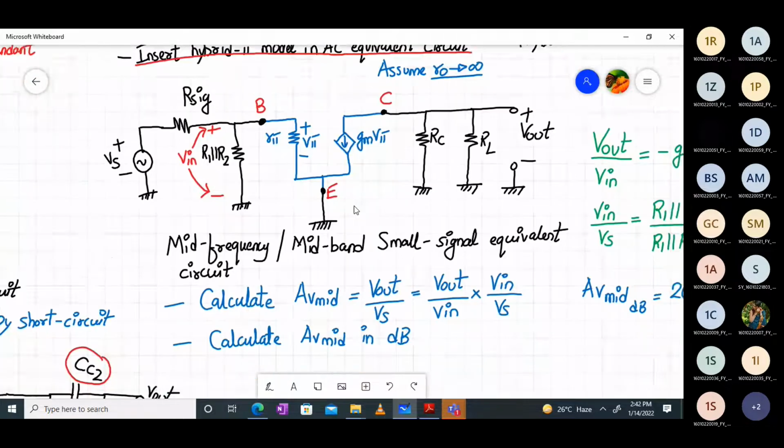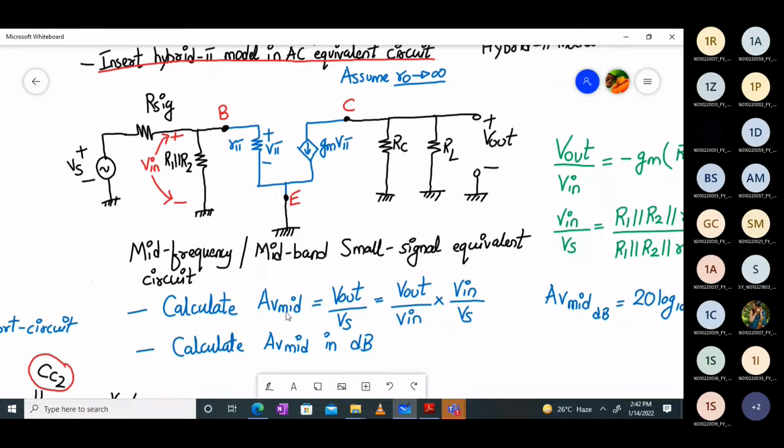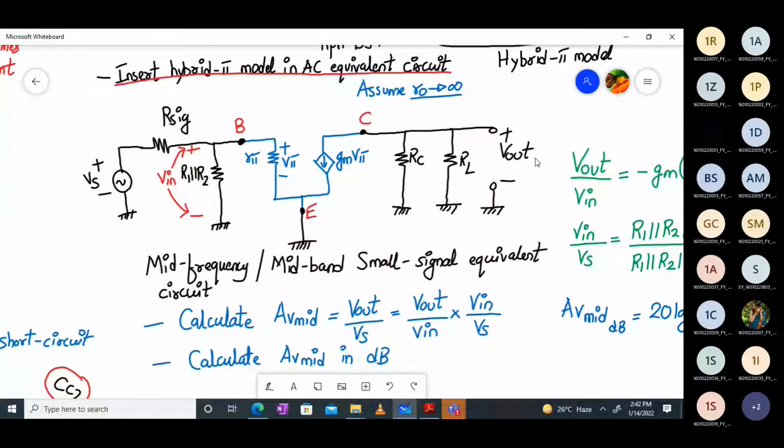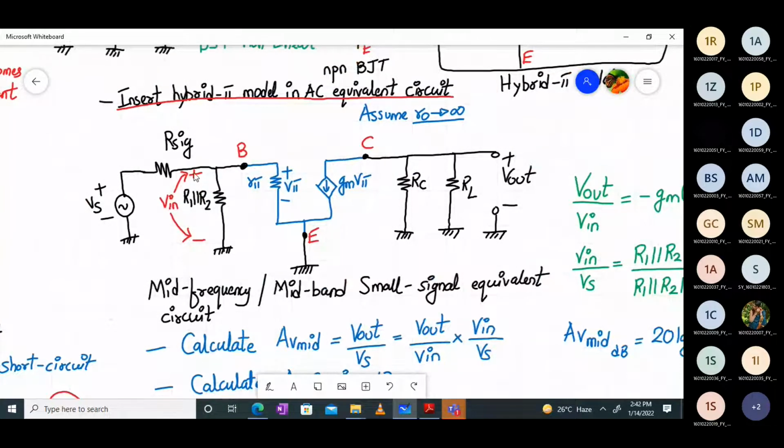So why do we draw this equivalent circuit? To calculate the voltage gain, AV mid, right? So can you tell me what AV mid will be? Output voltage divided by the input voltage, so it will be V out upon Vs. Okay. But what is the input of the amplifier? Input of the amplifier, I can call it V in.